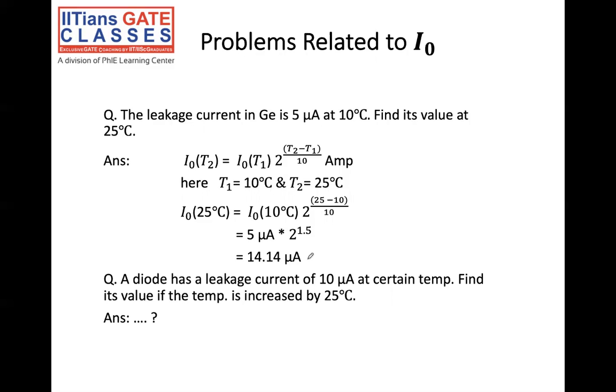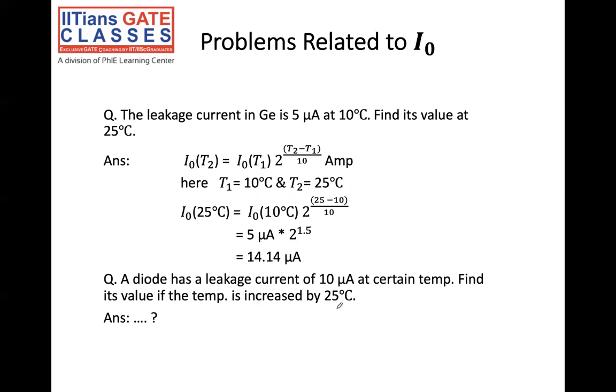A diode has a leakage current of 10 microampere at a certain temperature. Find its value if the temperature is increased by 25 degrees centigrade. Here the temperature difference T2 minus T1 is given to us, that is 25 degrees centigrade.